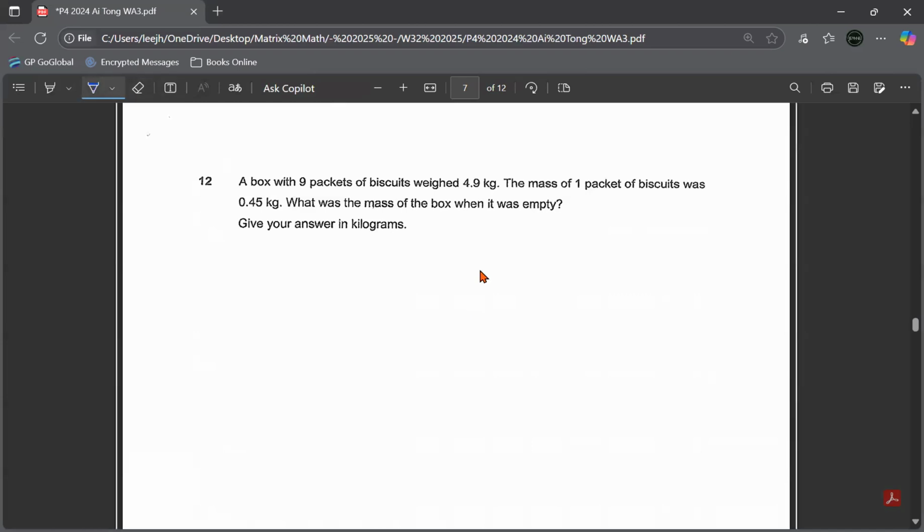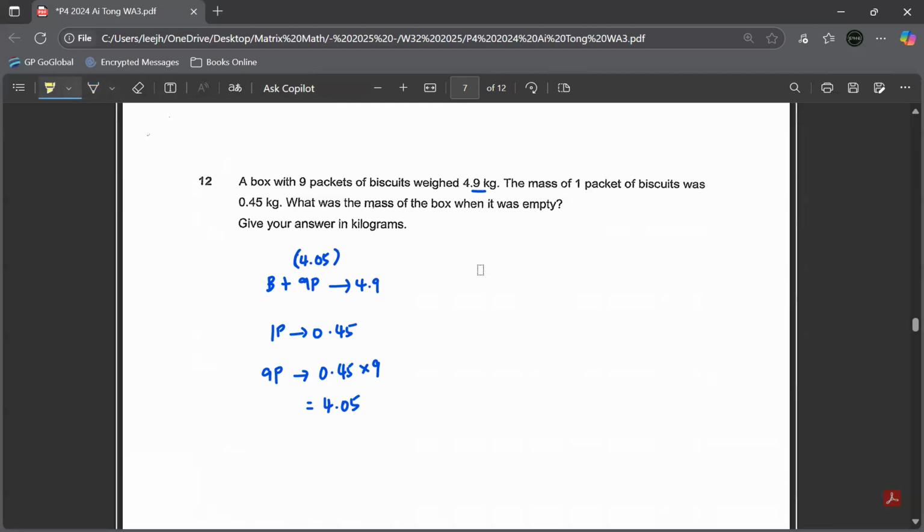So, box with 9 packets of biscuit. So, the box containing 9 packets of biscuit is actually 4.9 kg, right? But 1 packet of biscuit, you know, is 0.45 kg. So, from here, I can find what is 9 packets. So, I take 0.45 times 9 to find the mass of 9 packets of biscuit, which is 4.05 kg. So you know already, this is 4.05 kg.